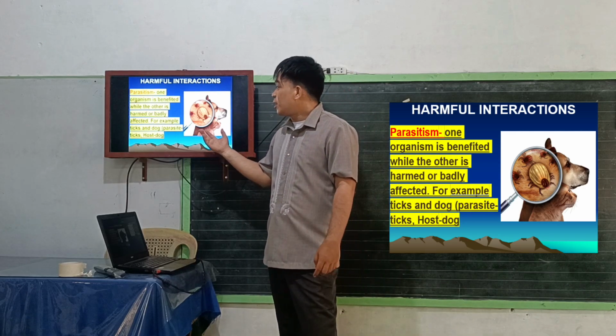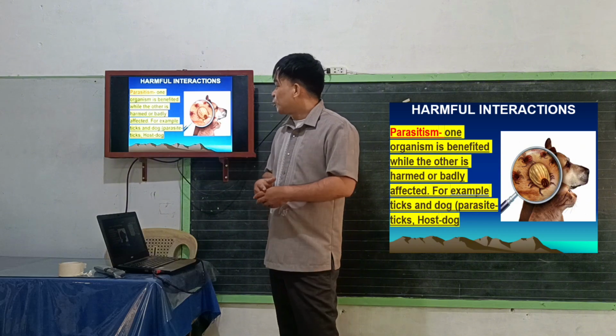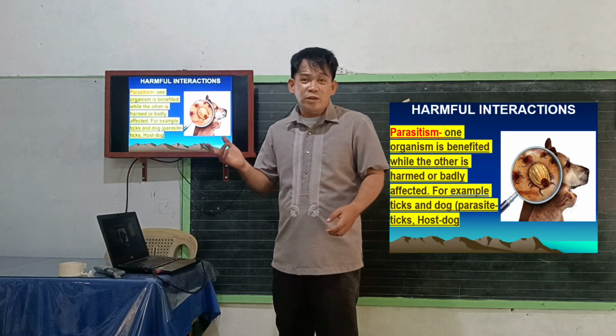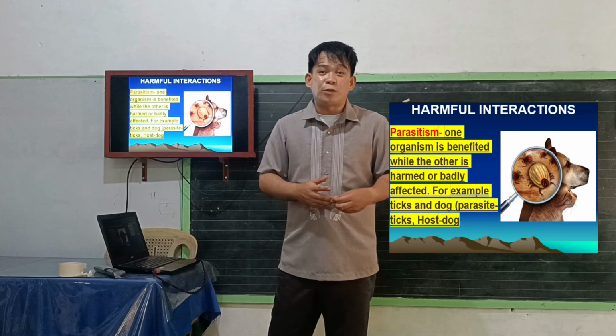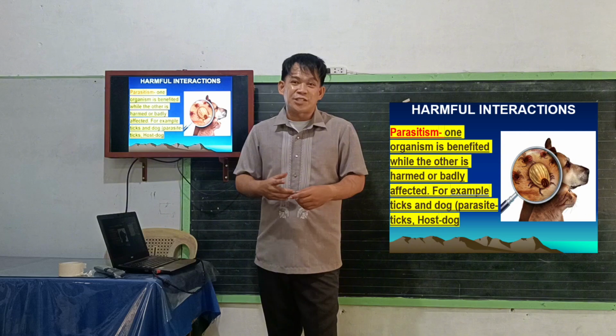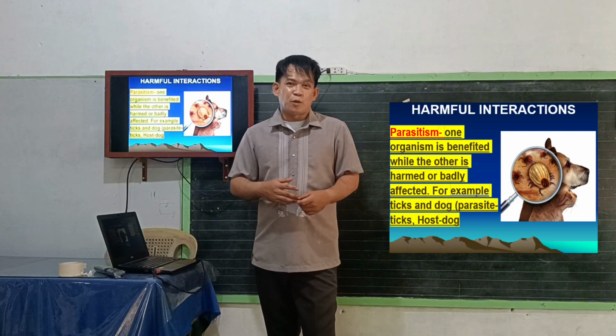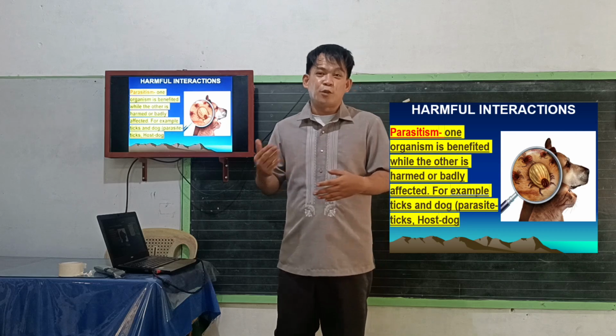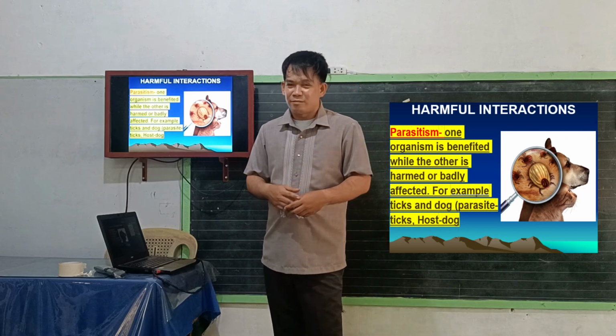For example, a tick which lives in the body of the dog. The dog which is affected is called the host, and the one who benefits is the tick, which is the parasite. The parasite could harm the dog, and if worse, the dog could die.